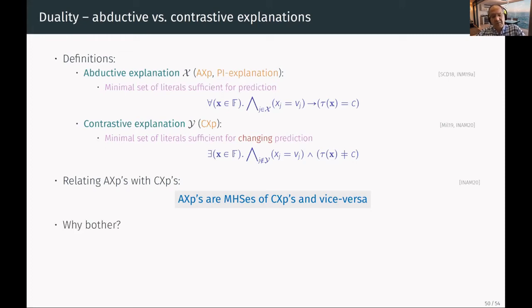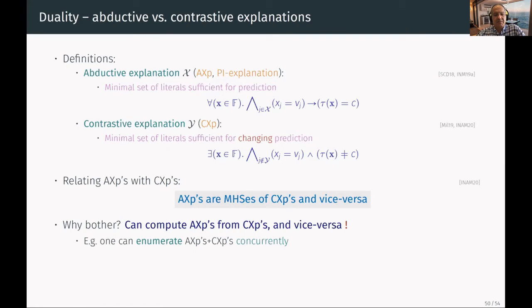So you could say, but why should we even care about this? And the answer is, well, several reasons. First, we can compute abductive explanations from contrastive and vice versa. Number two, we showed in a number of papers that we can enumerate the two concurrently. We need the two to be able to do enumeration.